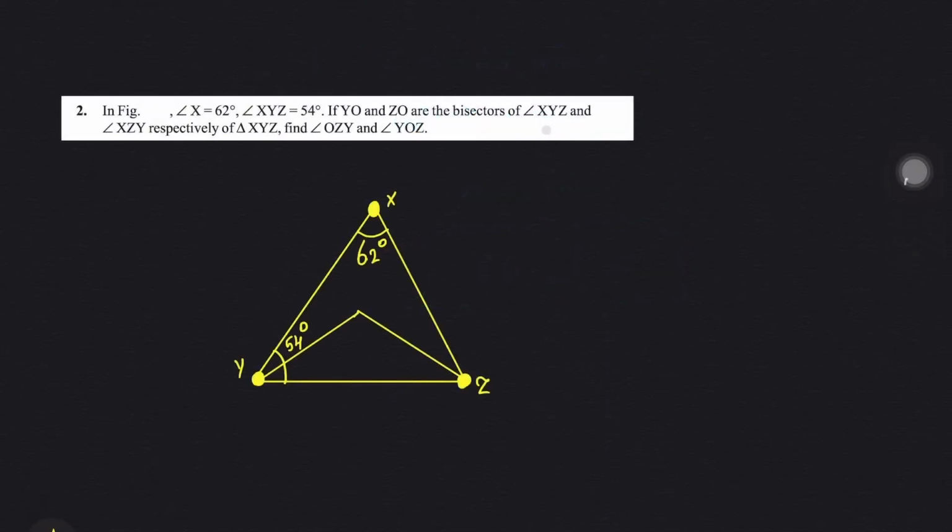Question number 2. In this figure, angle X is equal to 60 degrees and angle XYZ is equal to 54 degrees.